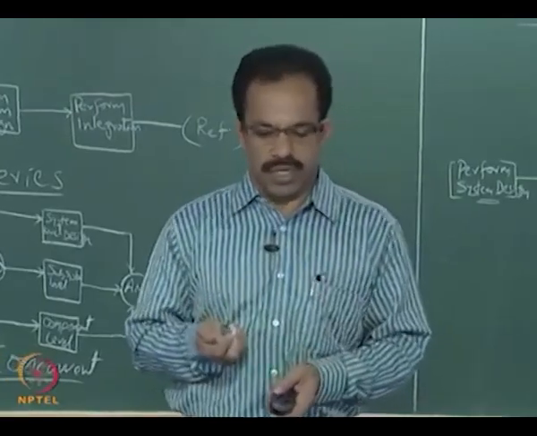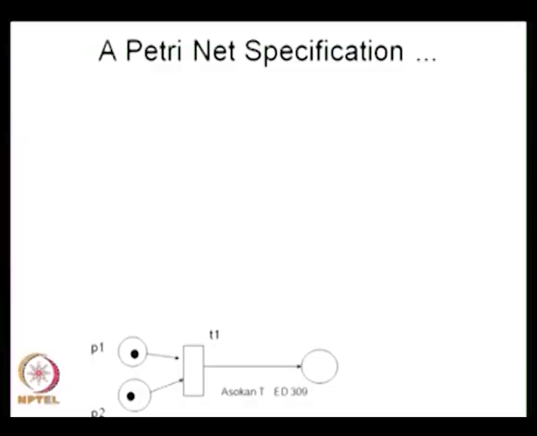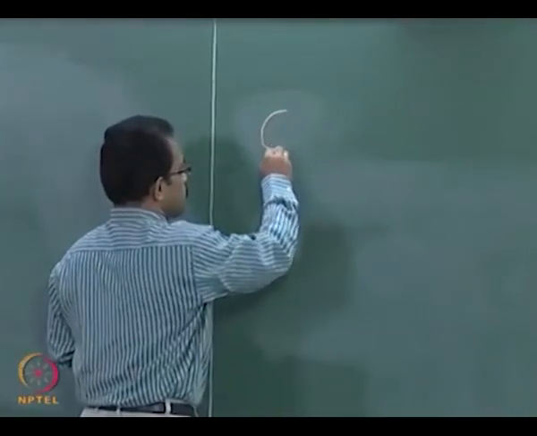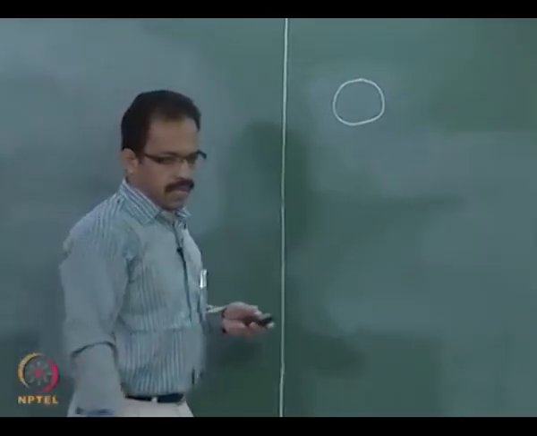So Petri net has got few basic specifications. It actually consists of 3 types of components: places, transition and arcs. So these are the 3 components which actually forms the Petri net. So in Petri net we use the places. The places are represented by circles, and then you have the transitions.